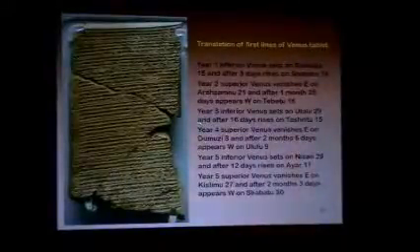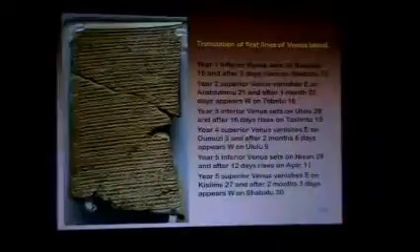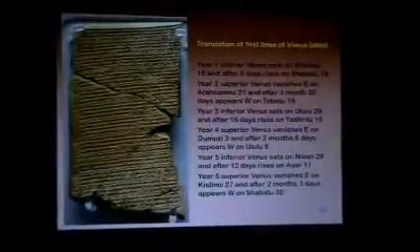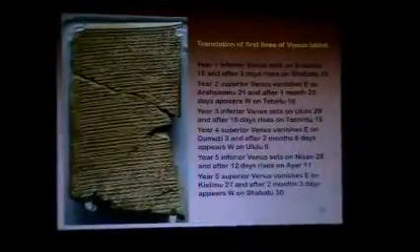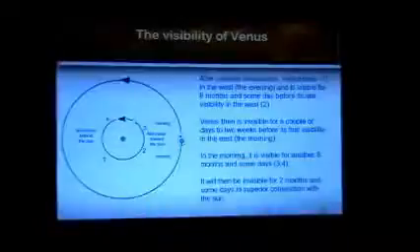Although that only happens under certain circumstances. So this is basically where Venus was over a 5-year period and the dates and times in each one of them. So if you need to refer back to where Venus was at some time in the past, which we did, there it is, all laid out for you in the tablets.